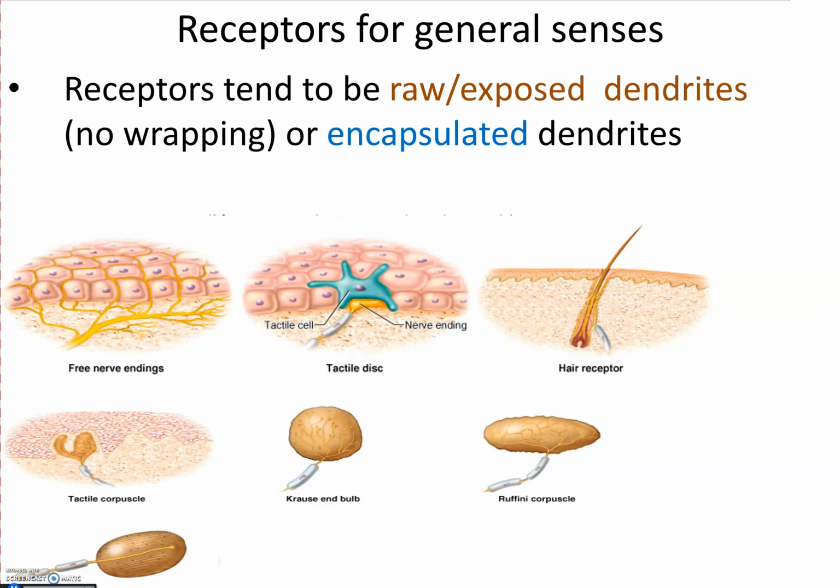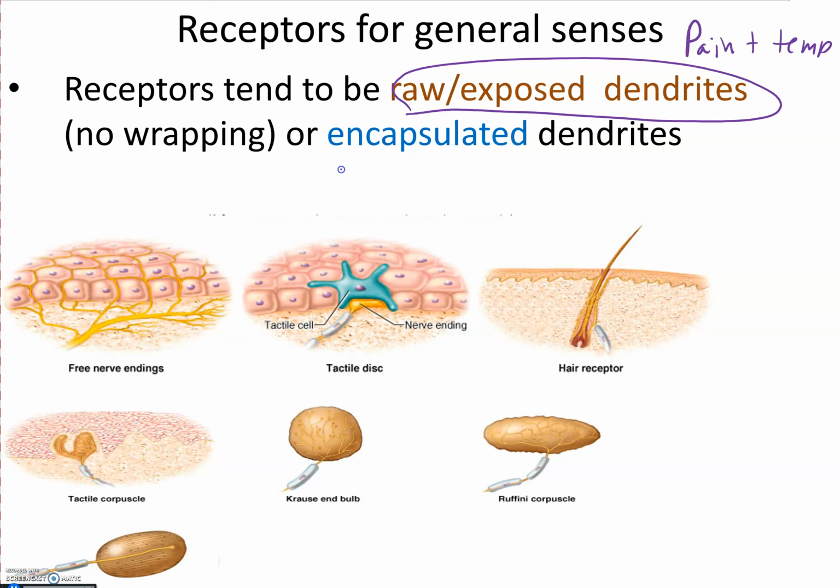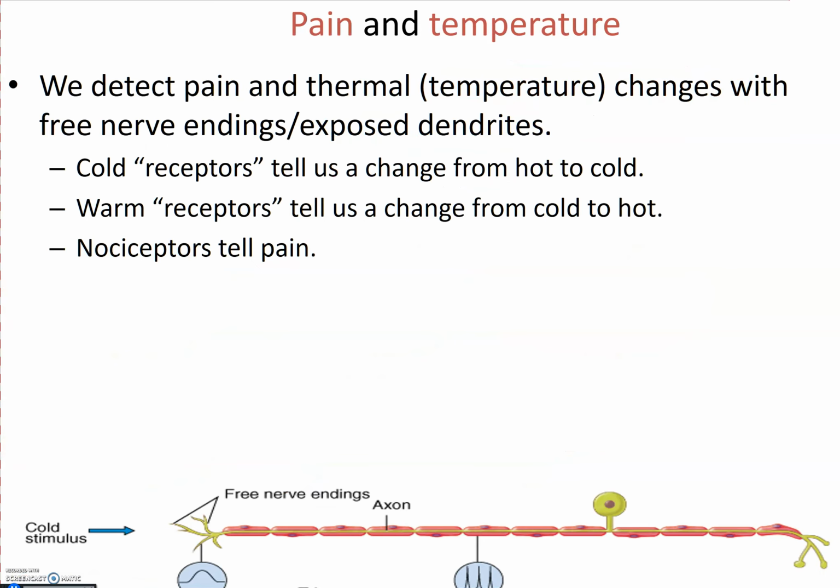So, receptors for general senses tend to be simple. They're either exposed dendrites, in the case of pain and temperature, or encapsulated corpuscles, in the case of touch. Remember our lamellated corpuscle? That's actually a Meissner's corpuscle. They're also called tactile. So, pain and temperature rely on free nerve endings.